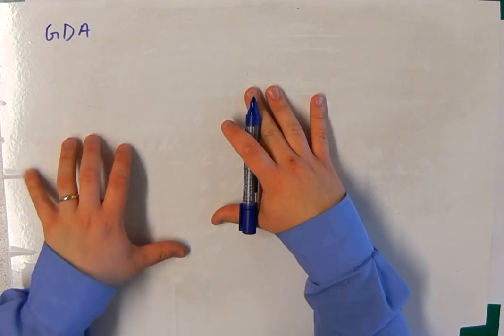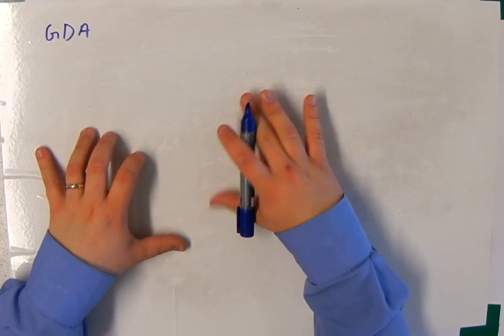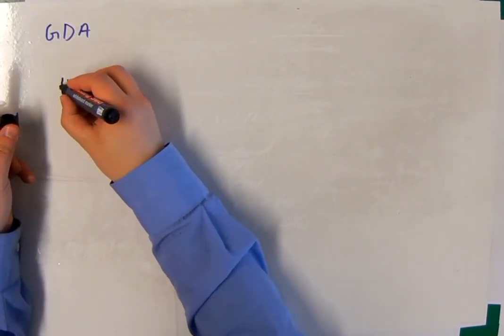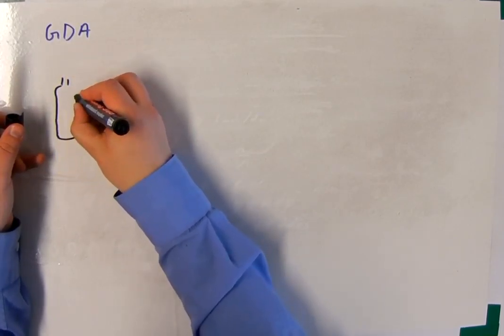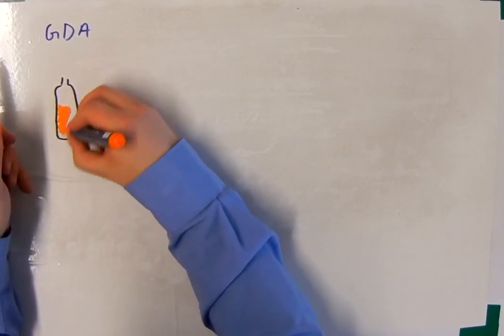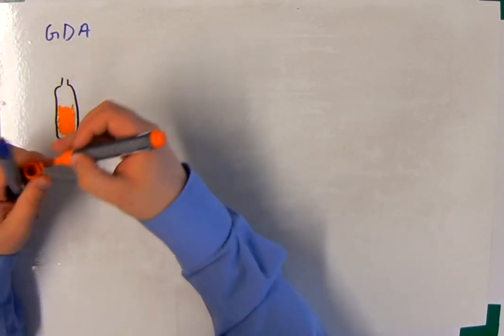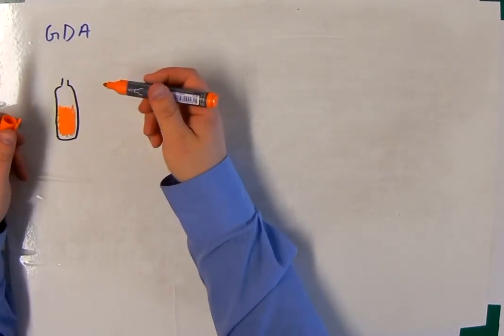And the reason this ties in to what we've just been talking about is concentration. Imagine you've got a nice bottle of squash. Lovely bottle. Nice neon orange squash. It'll have a label on it telling you how much sugar there is in there.